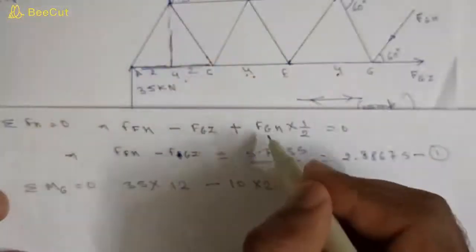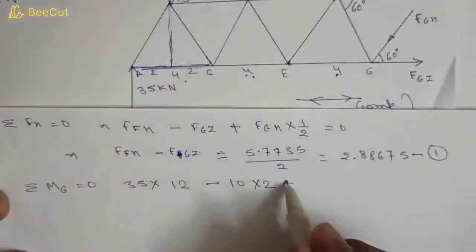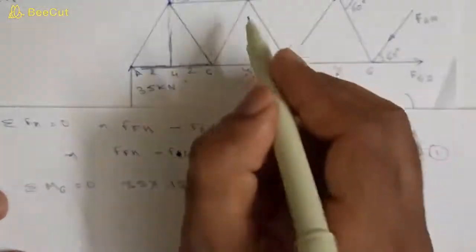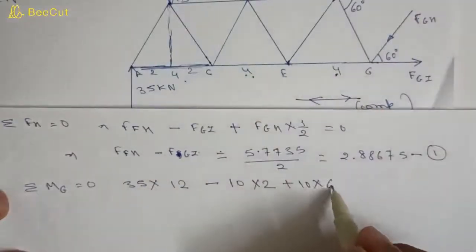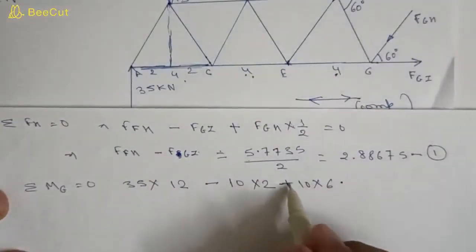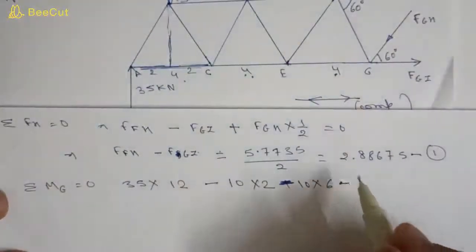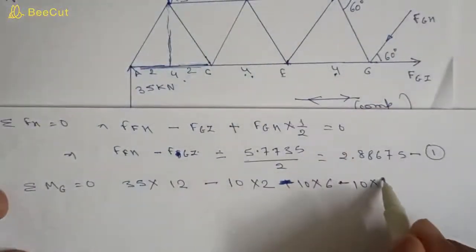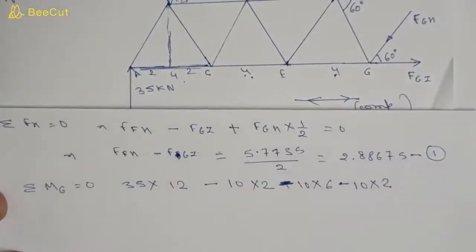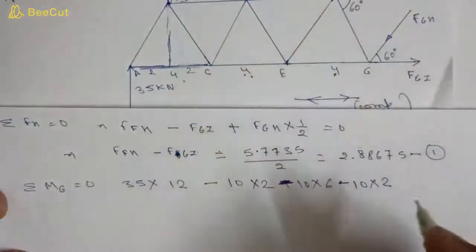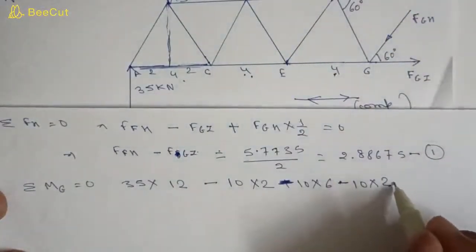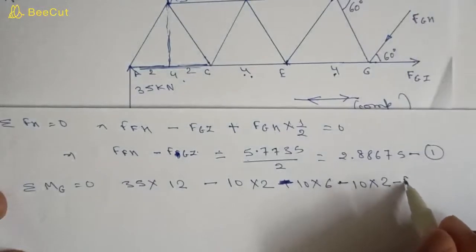This is counterclockwise, plus 10 due to this, 4 plus 2 is equal to 6. Sorry, this will also be minus because it is counterclockwise, and due to this minus 10 into 2, and due to this FFH, the moment will also be negative, counterclockwise.